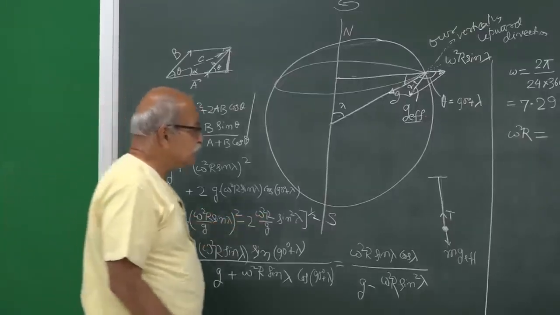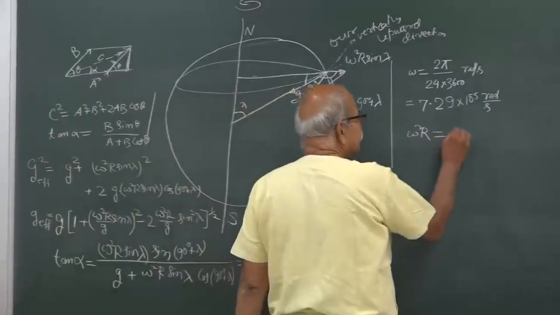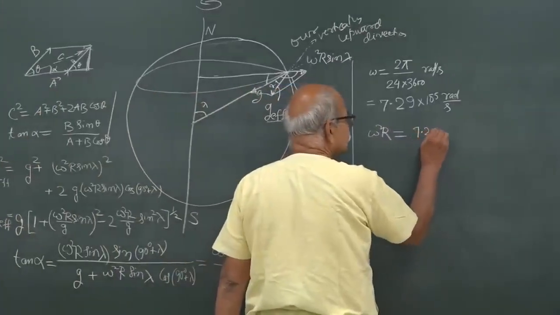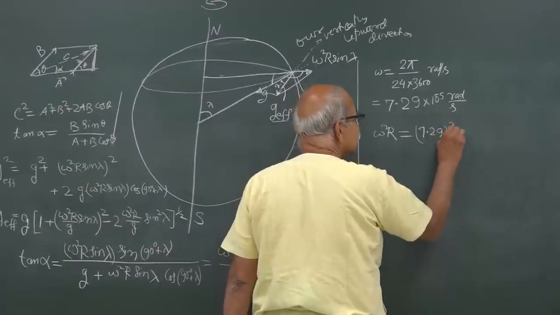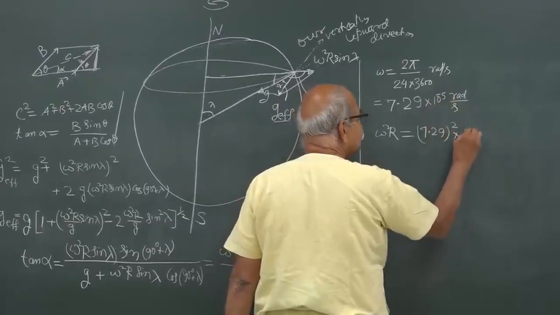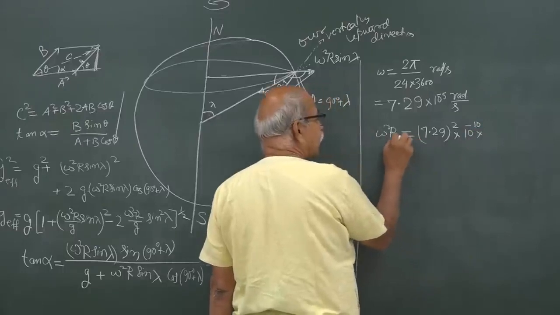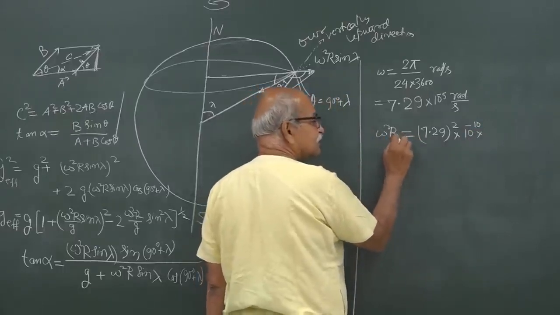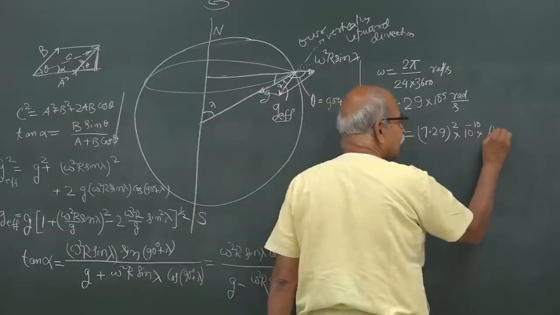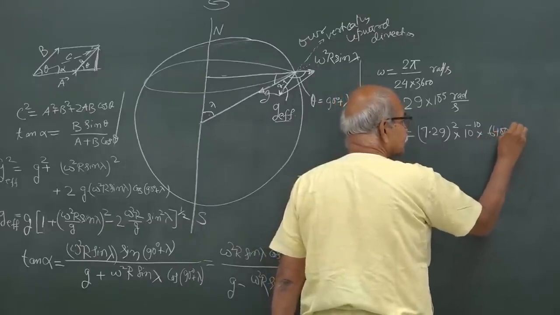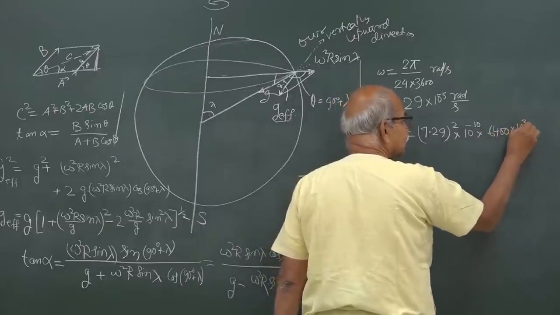So, this is 7.29 square and into 10 power minus 10 multiplied by r, capital R, this is the radius of the earth. So, 6400 kilometers into 10 power 3 meters.